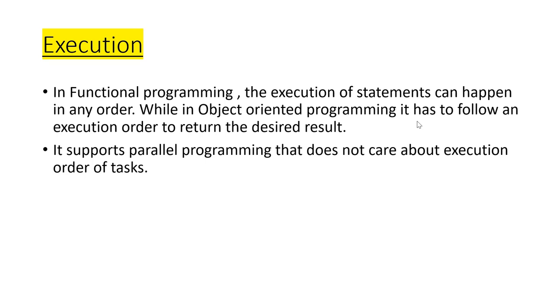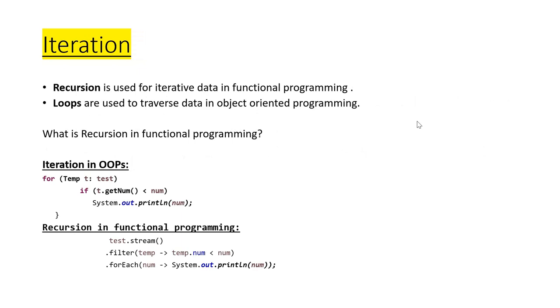In functional programming, the execution of statements can happen in any order, while in object-oriented, it has to follow a sequence of statements. Functional programming supports parallel programming, so it does not care about execution of tasks. So that's why functional programming is relatively faster than object-oriented programming, because it does not follow an execution order.